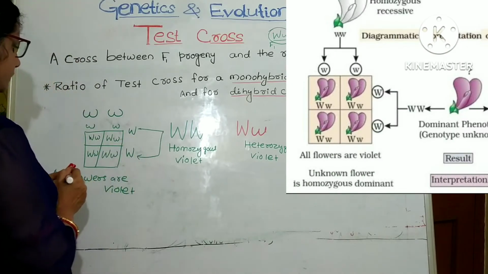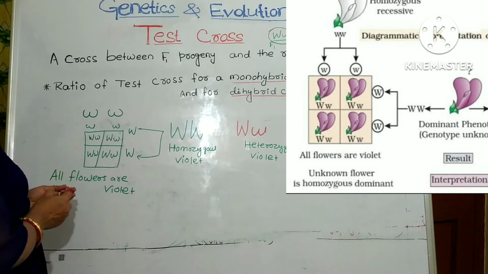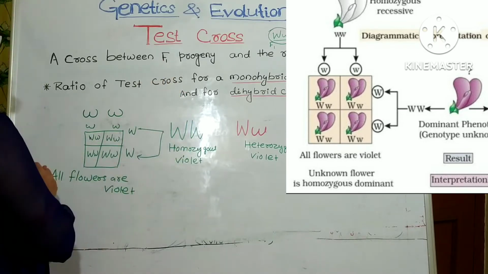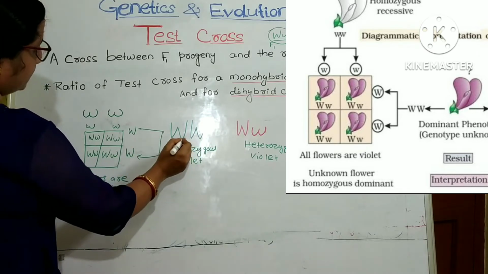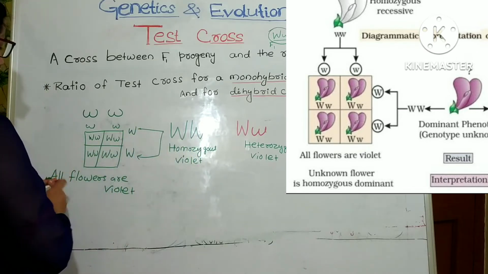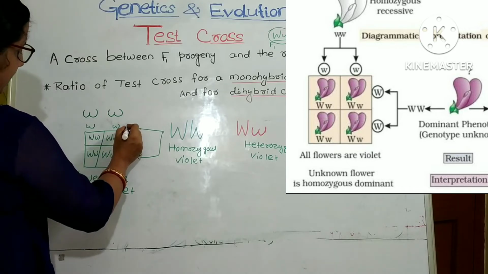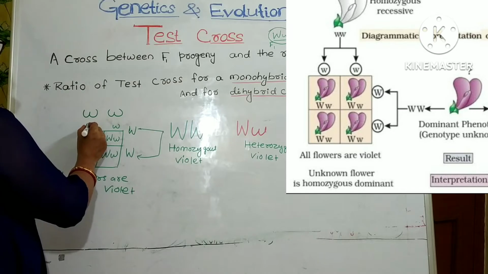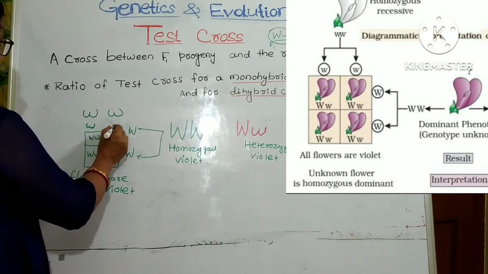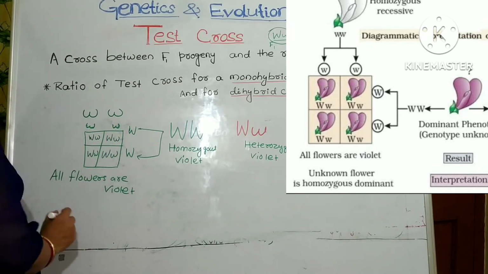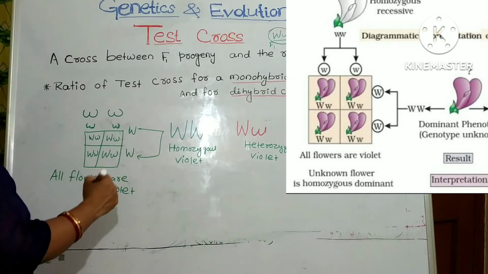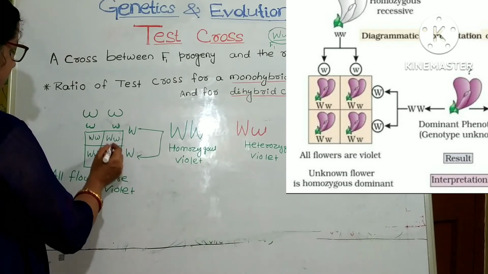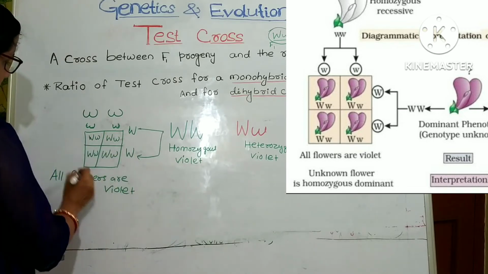From the homozygous, that is pure violet, the gametes produced are capital W and capital W, and from the recessive parent, the gametes produced are small w and small w. By drawing the Punnett square, we can get the next generation.